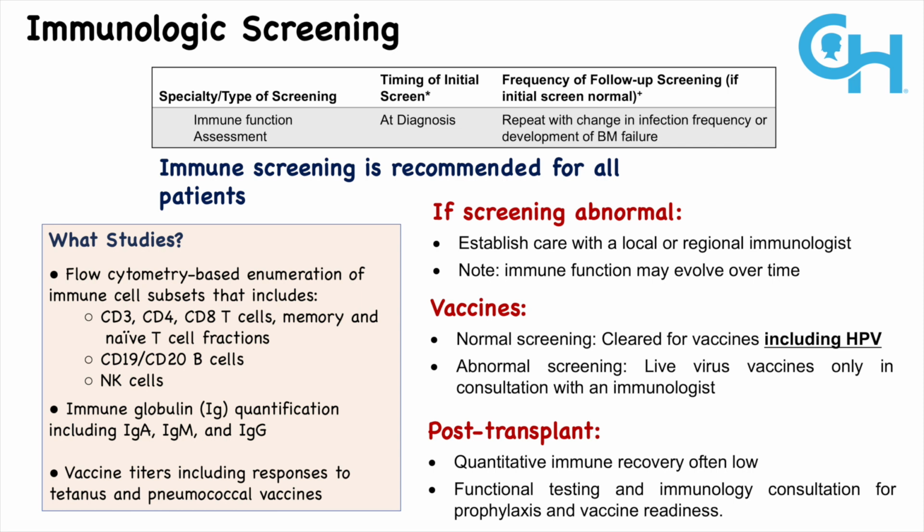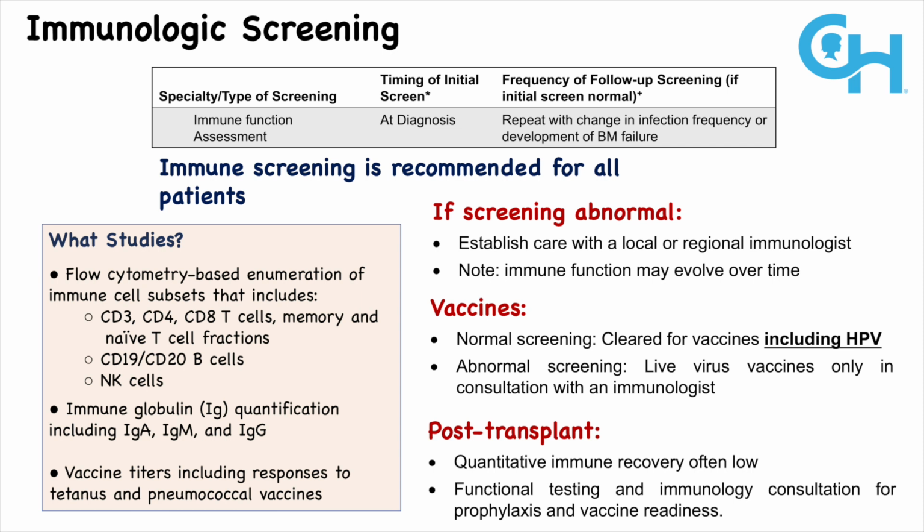to make sure that it is safe to administer those vaccines. And then post-transplant, the one notable thing about patients with telomere biology diseases is that we have often observed that the total numbers of T cells and B cells of the immune system stay somewhat low. We don't fully understand why that is. That might be something that Dr. Agarwal will talk about a little bit more tomorrow.